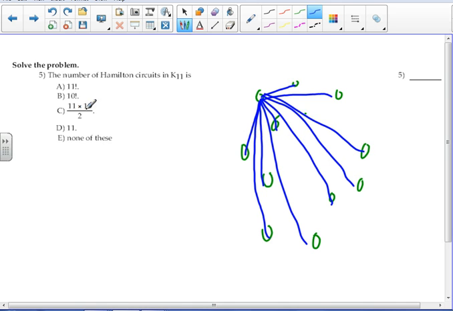All right, so I've got 10 factorial circuits. Because once I leave this vertex and go someplace else, I have 9 left to travel. Once I leave that place, I have 8 ways to go. Once I leave him, I have 7 ways to go. Once I leave him, I have 6, and that's why it's 10 factorial.